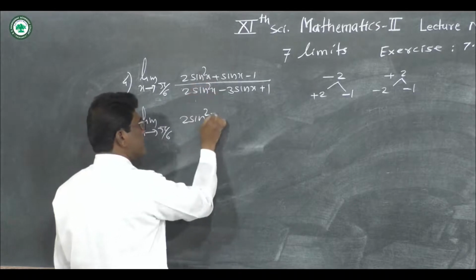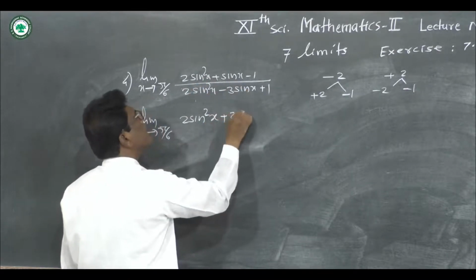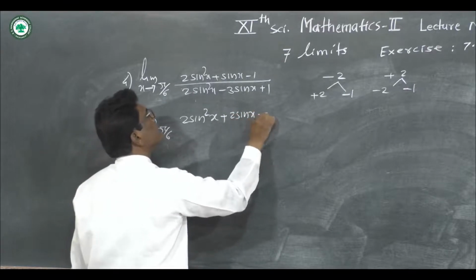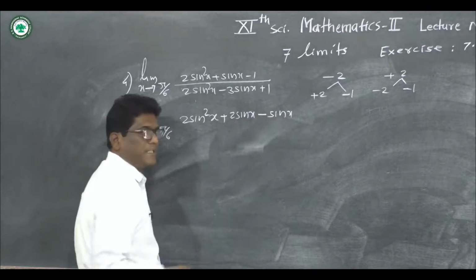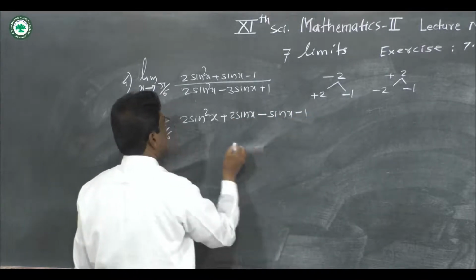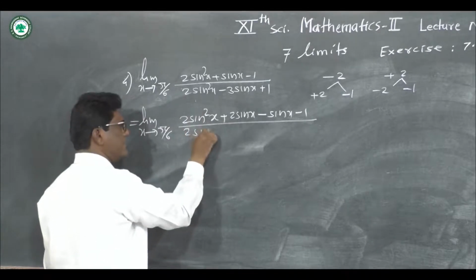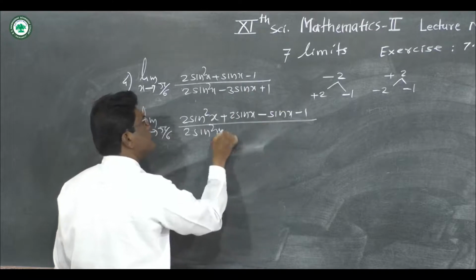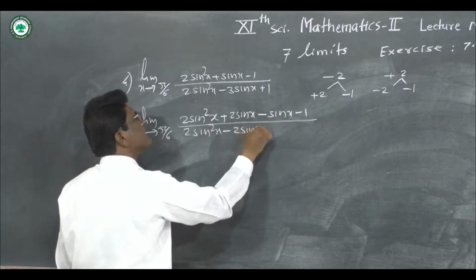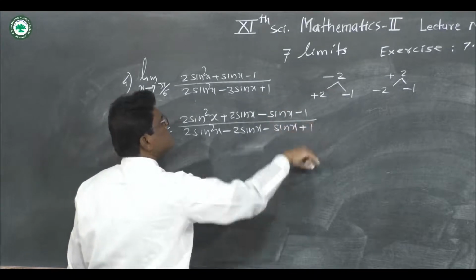So 2 times sin square x, we write this plus sin x as plus 2 times sin x minus 1 times sin x, and this minus 1, divided by, in the denominator, 2 times sin square x as it is, and we write this minus 3 times sin x as minus 2 times sin x minus 1 sin x, and this plus 1 as it is.